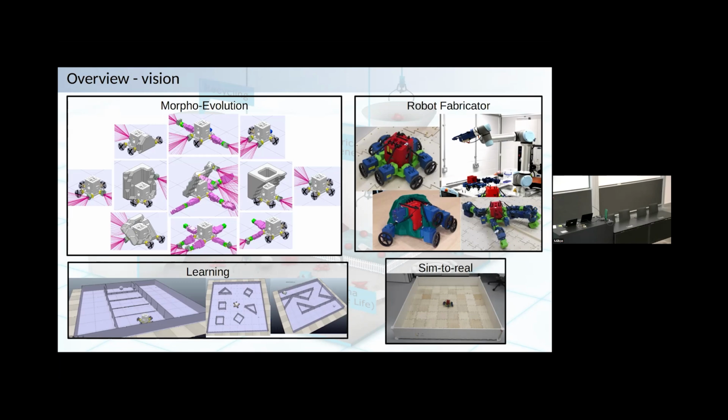Because if you want to be able to do physical evolution, you need to be able to automate the construction. Learning, of course, you want your robots to be able to do things. And finally, transferring robots from simulation to reality. I won't talk about this part in this talk because of time constraints, but we also studied this aspect.